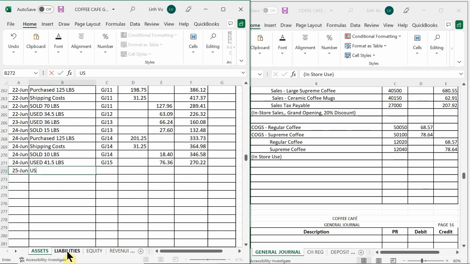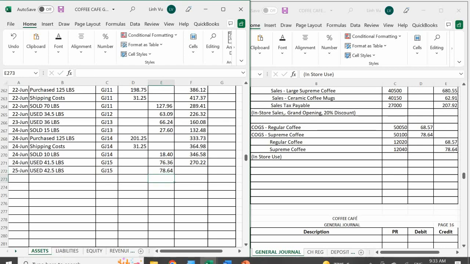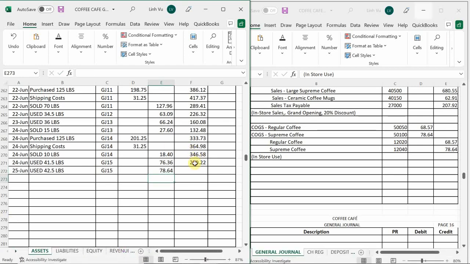We used 42.5 pounds for a total of $78.64. So that should give you an ending balance of $191.58.